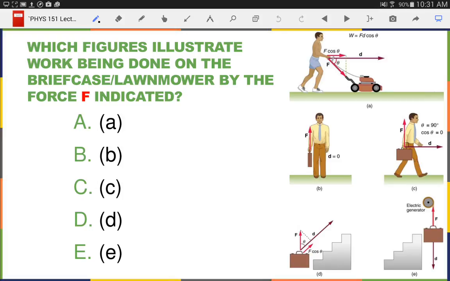Can't answer yet because I forgot to hit the thing to start the presentation. Okay, now you can answer. Which figures illustrate, notice I changed the wording so it would be more precise, the work done on the briefcase/lawnmower by the force F indicated? We have to answer all the correct ones and click enter.